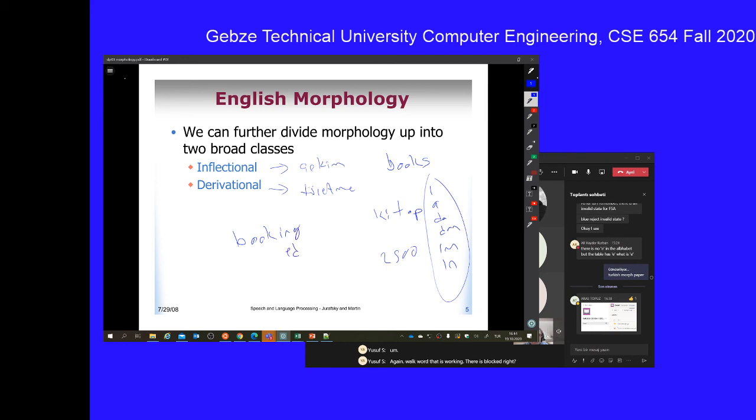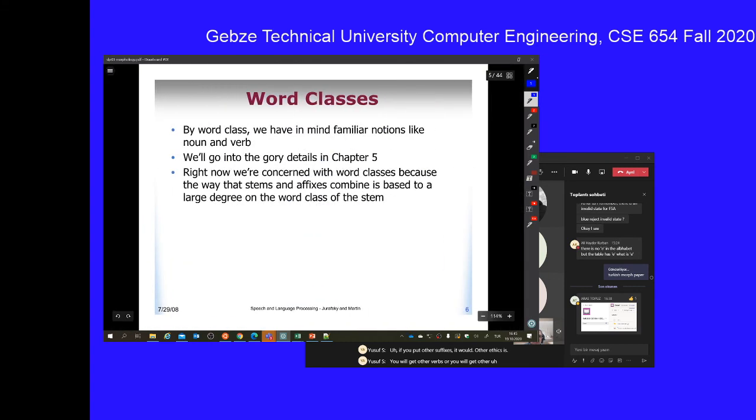There is, for example, booker. When you say er, it's booker, and with certain other kinds of verbs, if you put other affixes, you will get other verbs, or you will get other nouns, and we are going to see some of them.